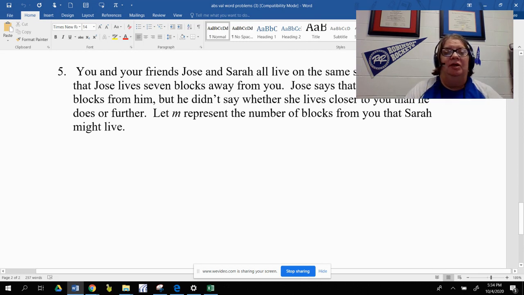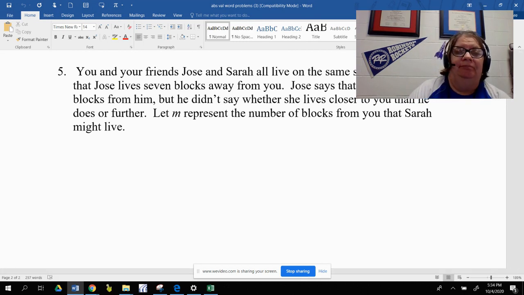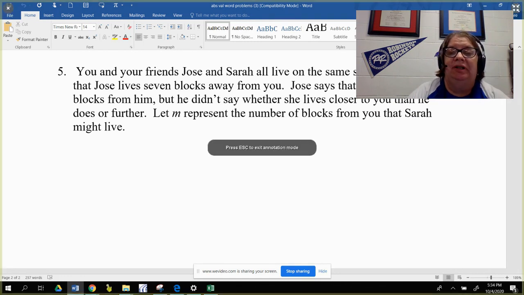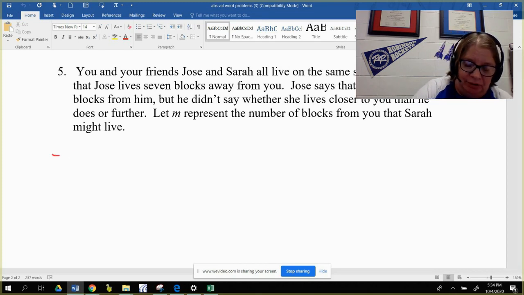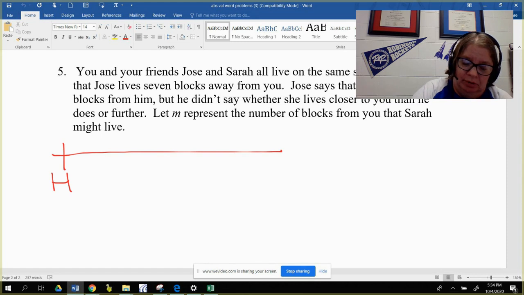This one says you and your friends Jose and Sarah live on the same street. You know that Jose lives 7 blocks from you. Jose says Sarah lives 5 blocks from him, but he didn't say whether she lives closer to you than further. Let M represent the number of blocks you and Sarah might live. So again, a picture helps. Here's your street. Here's your home. And then you have Jose.